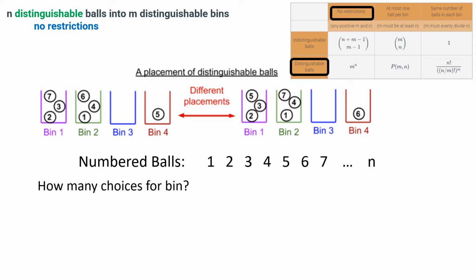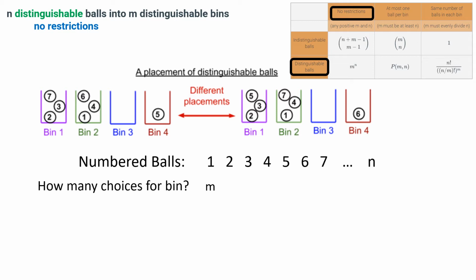So how many choices would we have for ball number 1? We would have m choices. We could put ball number 1 in the first bin or the second one, and since there are m of them, that's how many choices we have. Now, since there are no restrictions, when we come to ball number 2, we don't have to say I can't put it where I've already put ball number 1.